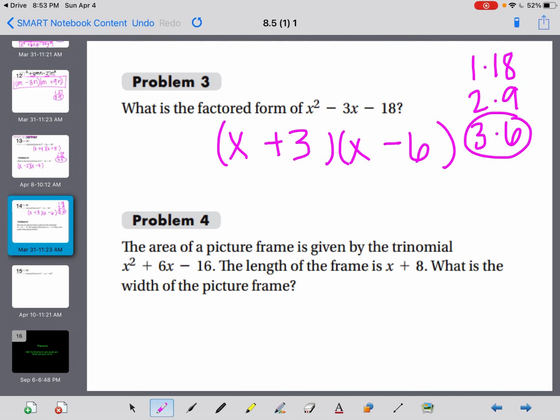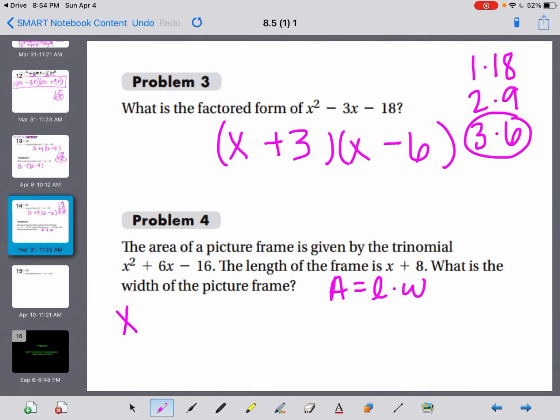Okay, word problem. The area of a picture frame is given by the trinomial x squared plus 6x minus 16. The length of the frame is x plus 8. What is the width? Okay, remember area is equal to length times width, and they already gave me the length.